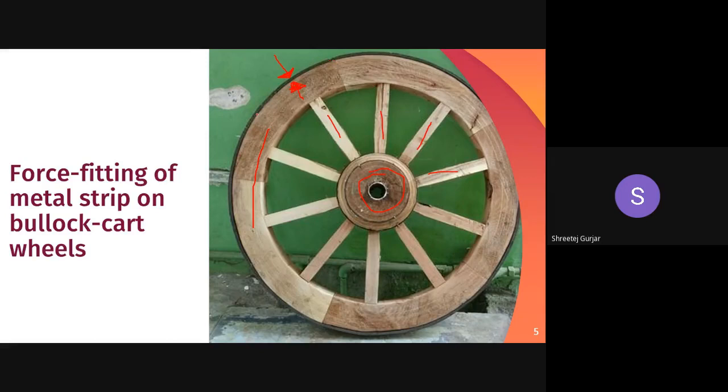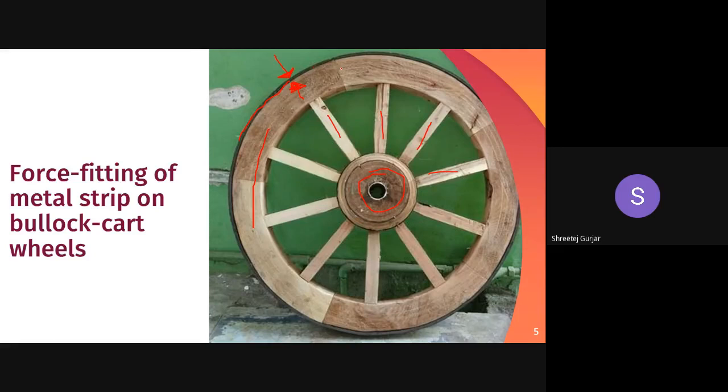So what they do is heat the steel metal band before it is placed on the wheel. The diameter of this metal band is usually somewhat smaller than the actual wheel size. After heating, it expands, and it is placed hot, and when it cools, it shrinks, and that compressive force is applied on your wheel and holds it in place.